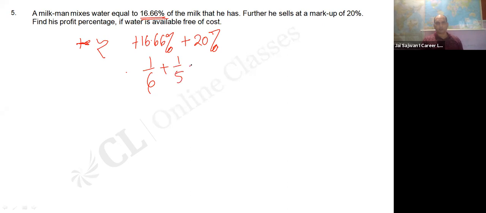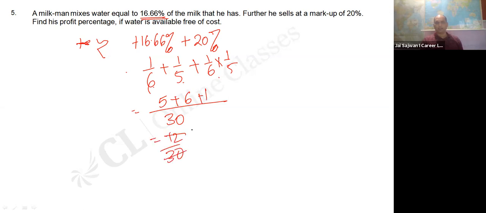We know 20% is 1/5. Plus 1 by 6 into 1 by 5. That gives you the LCM of the denominator, 6 5s are 30. I can say 5 plus 6 plus 1. This is 12 by 30. I can say 6 2s are 6 5s. So my dear, it is coming out to be how much? This is coming out to be 40% of profit.